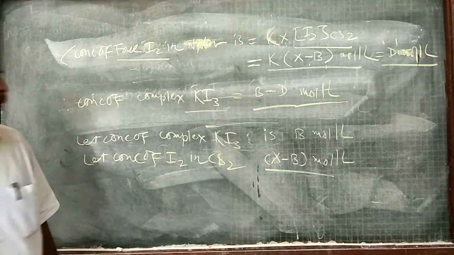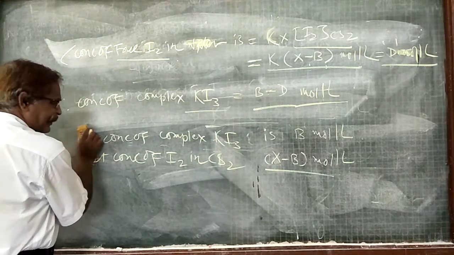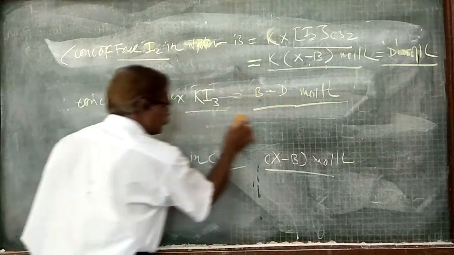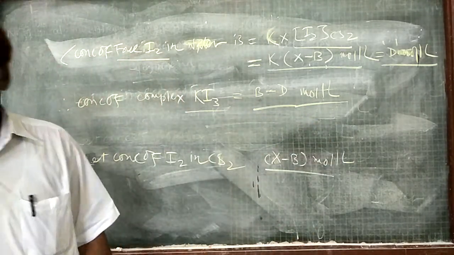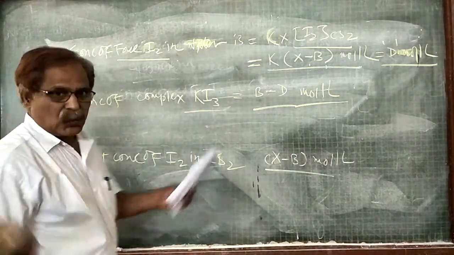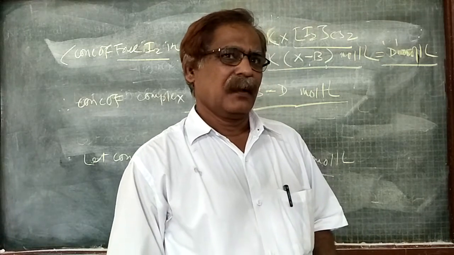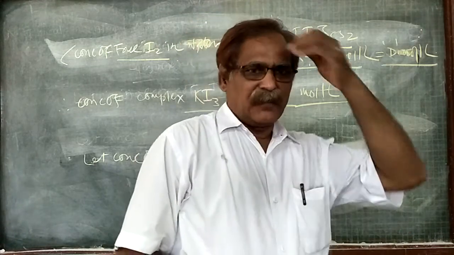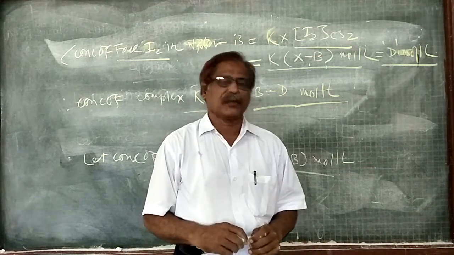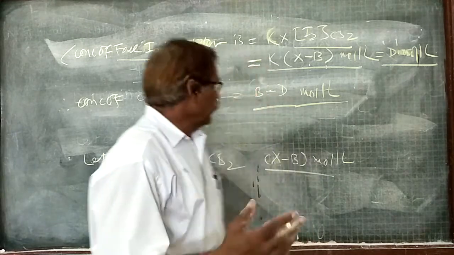Now, once we know this, we can very easily calculate the concentration of free potassium iodide at equilibrium, because we know the initial concentration of potassium iodide in aqueous solution is in this case A moles per liter.